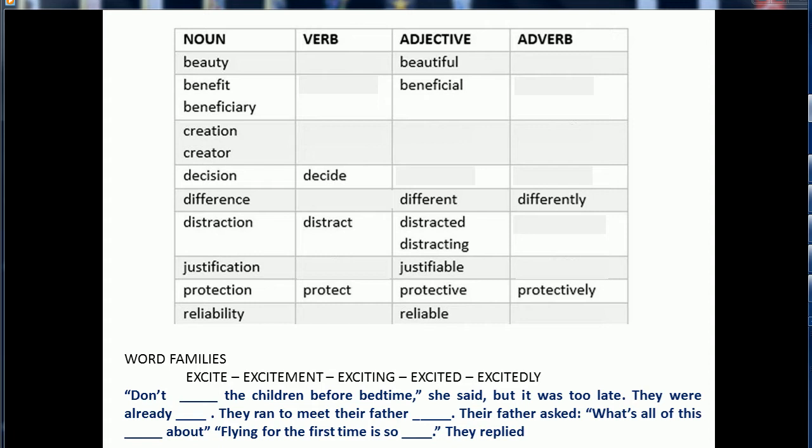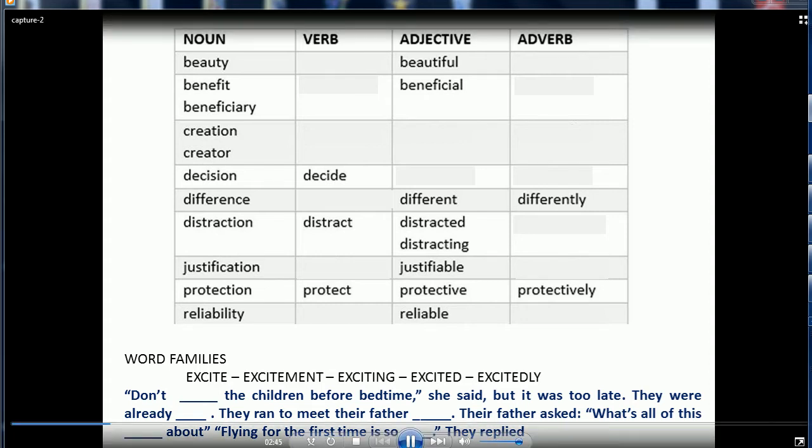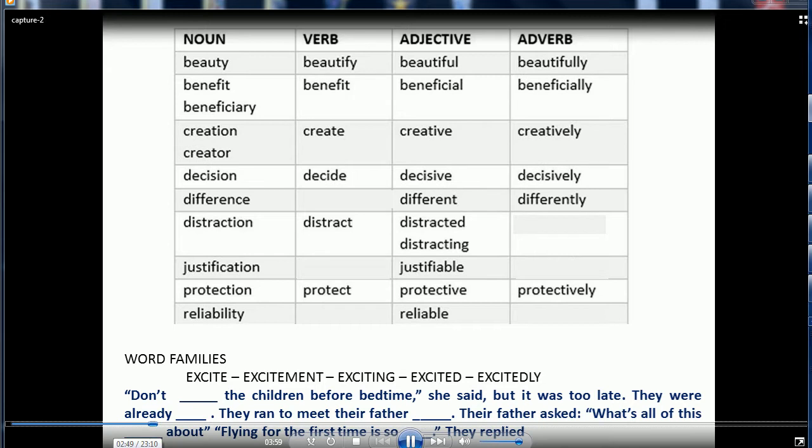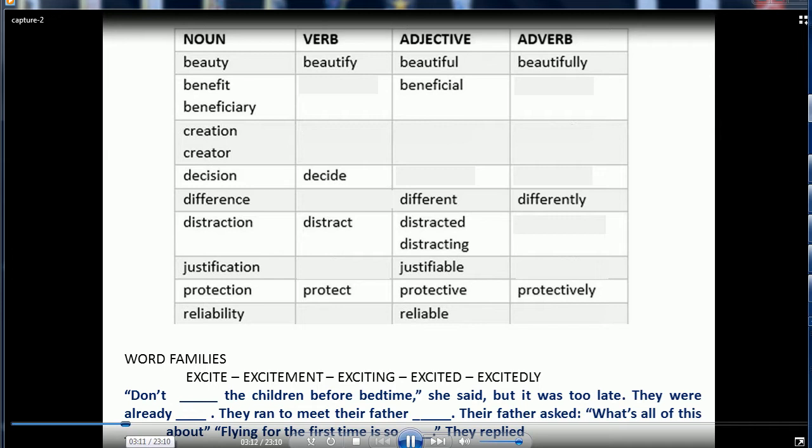Okay, and now the second example is benefit and beneficiary. They are both nouns. Then I wonder if you know what the verb is for those nouns. Yeah, benefit as a noun, and then as a verb we say benefit. As an adjective, beneficial, and then as an adverb we say beneficially.